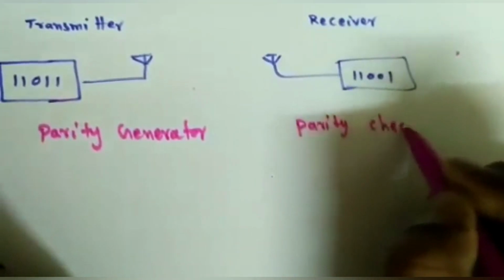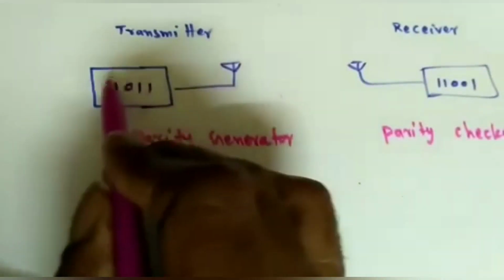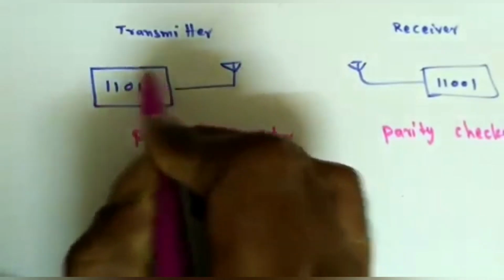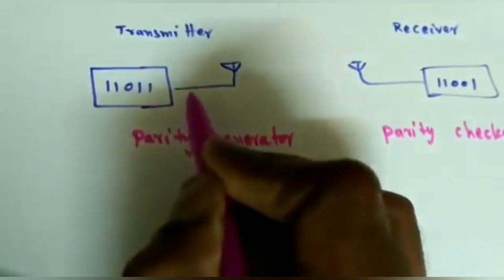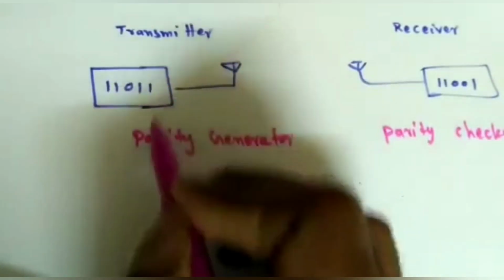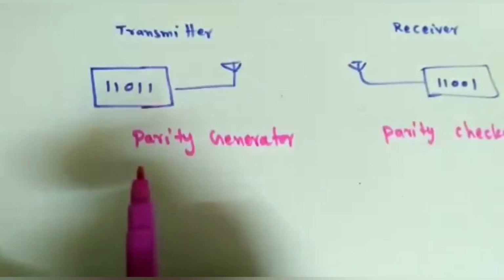So what are the parity generator and parity checker? Apart from these message bits, we will add one extra bit as a parity, either even parity or odd parity.